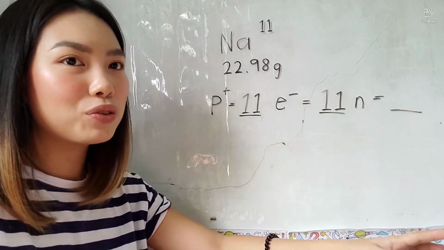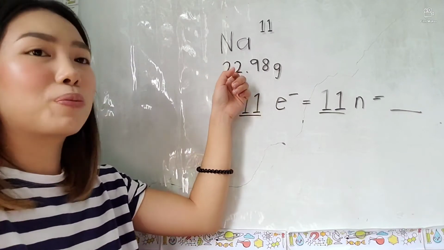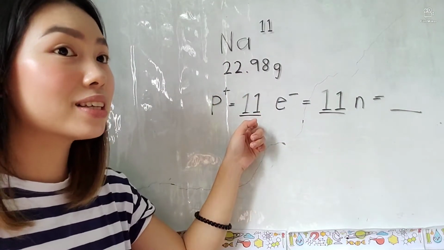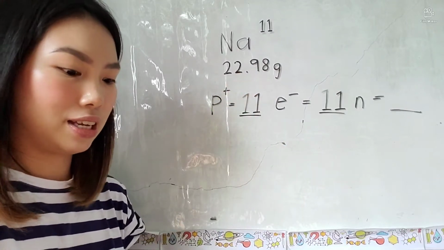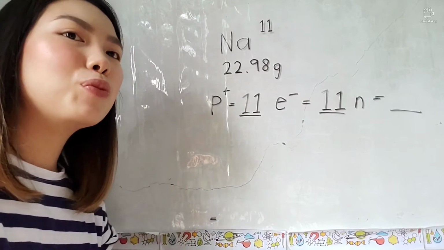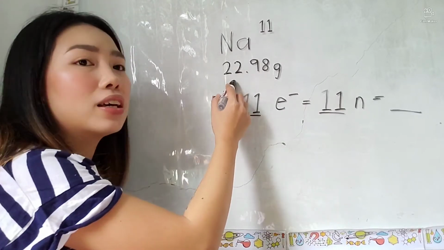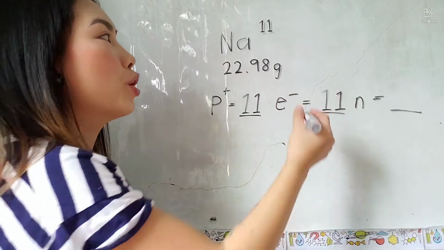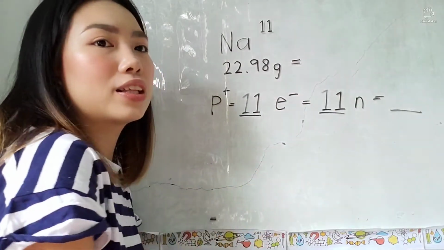Next, how are we to find the value of neutron? To find the value of neutron, subtract the mass number with the number of proton. But since the mass number is in its decimal place, kailangan mo munang i-round ang ating mass number to its nearest whole number. So, ano yung equivalent value niya na naka-round?